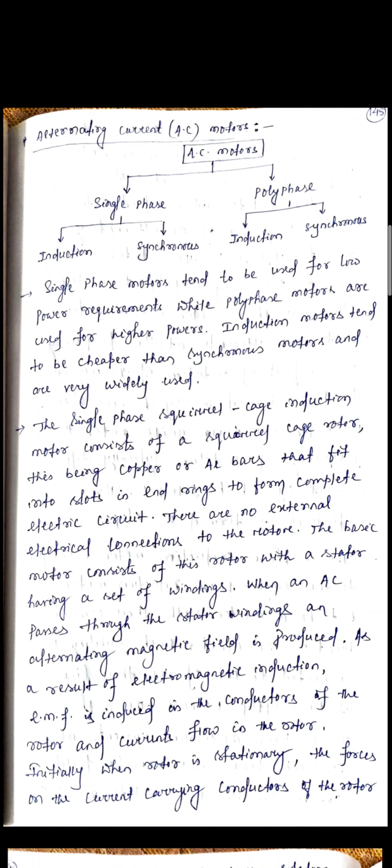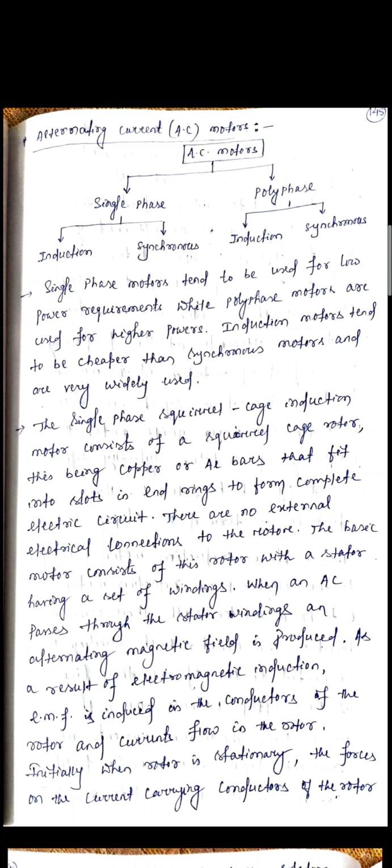So let's discuss one by one. Single phase motors tend to be used for low power requirements, whereas polyphase motors are used for higher powers. So the basic difference between single phase and polyphase is that single phase motors are used for low power requirements, and polyphase is used for high powers.